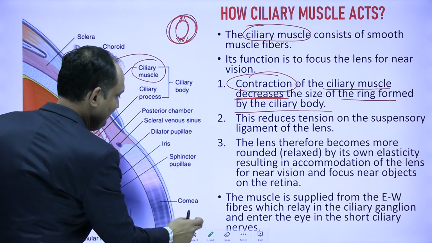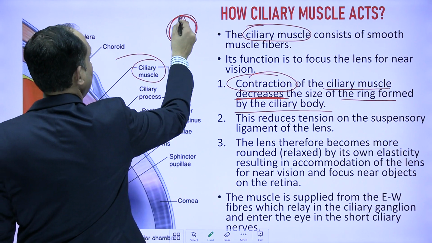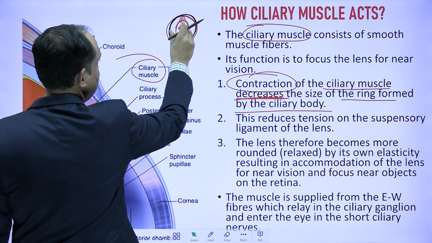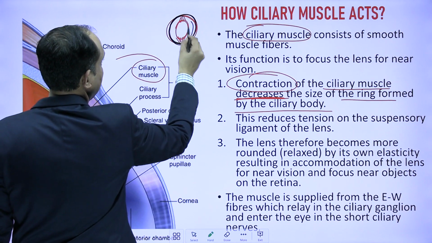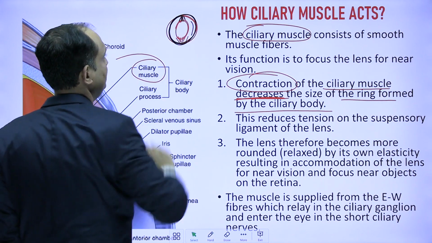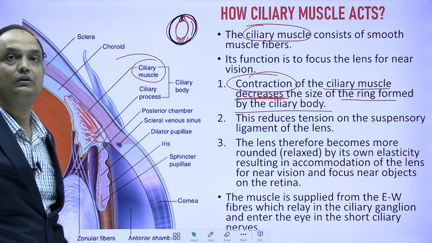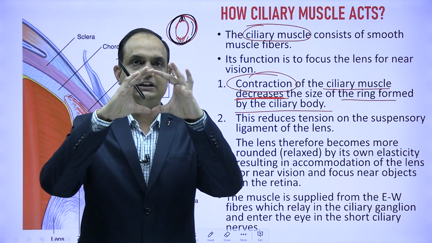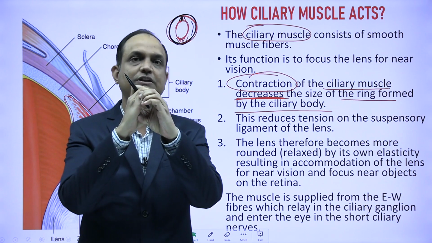This is the outer ring. Once the size of the ring decreases, these fibers will become loose or relaxed. Why? Because the size of the ring is decreasing by the contraction of the ciliary muscle.